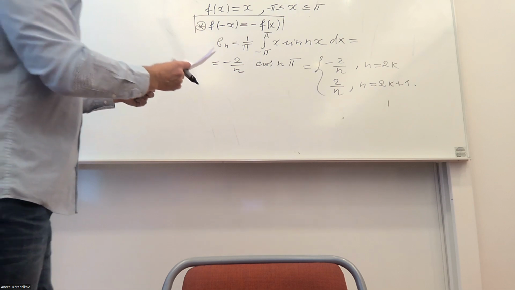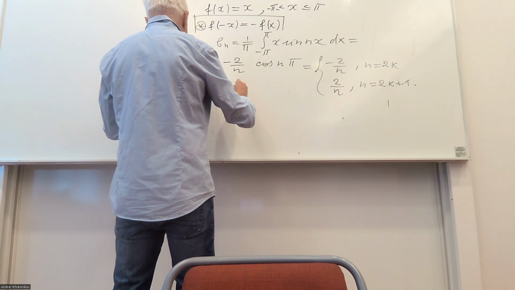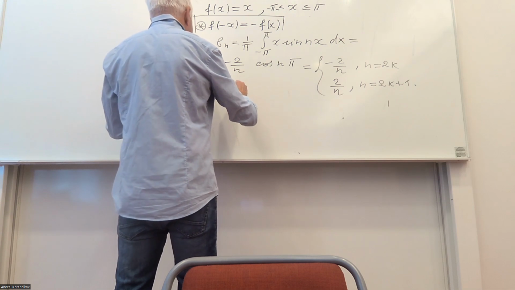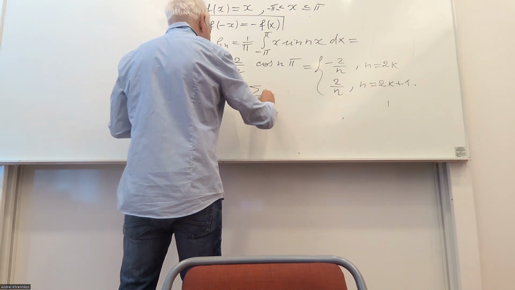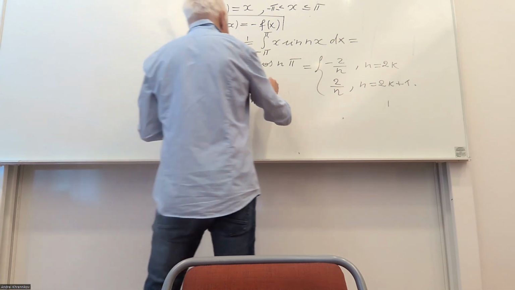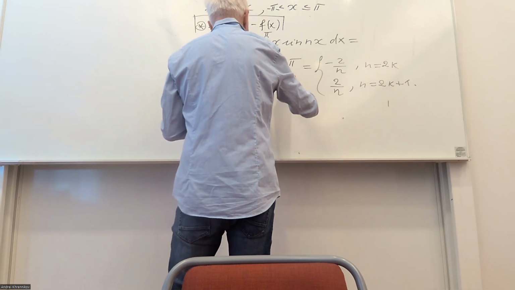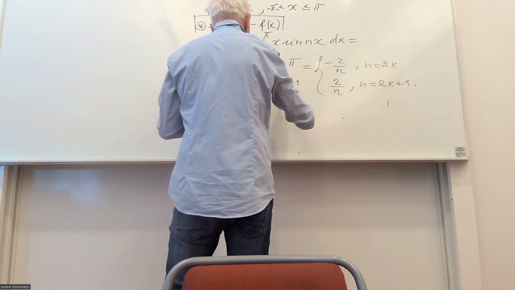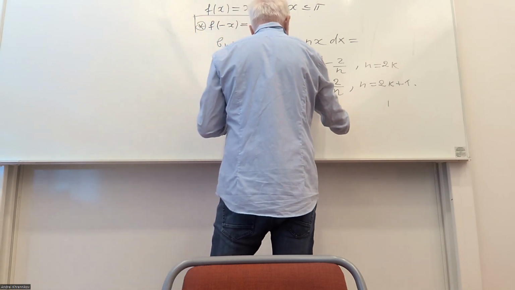Okay, so since we calculated the integral, we can write the expansion of x, our function, into a series. It would be 2 times the sum over n from 1 to infinity of minus 1 to the power n plus 1, divided by n, times sinus nx.